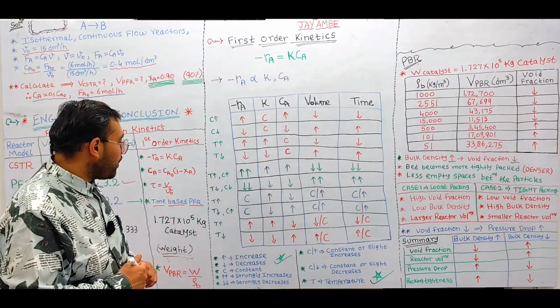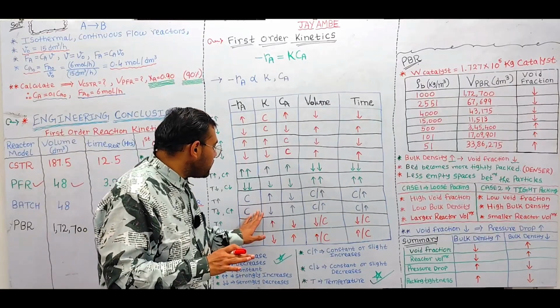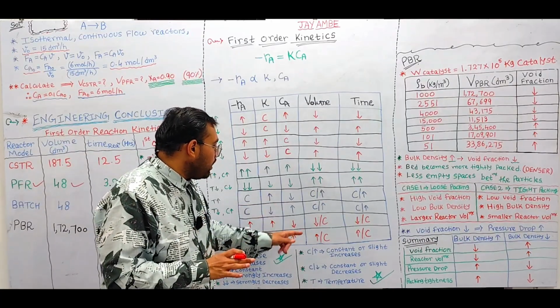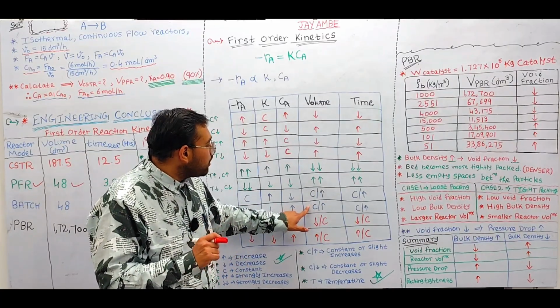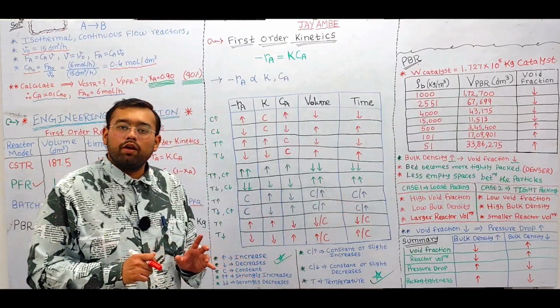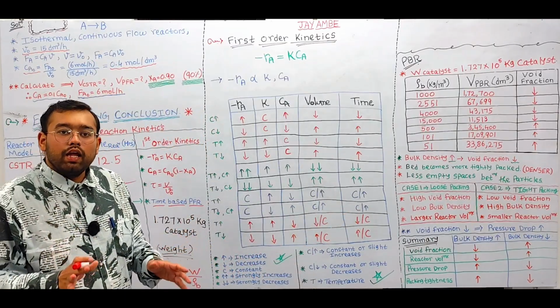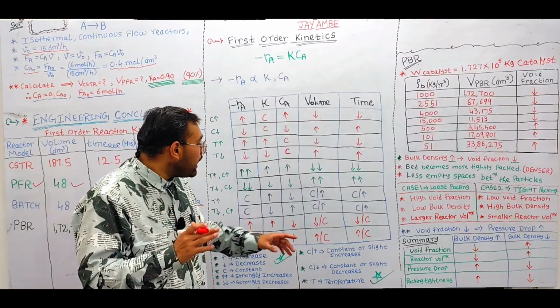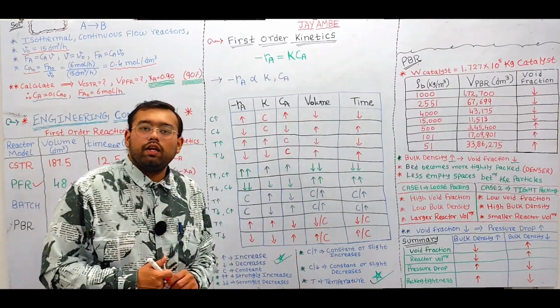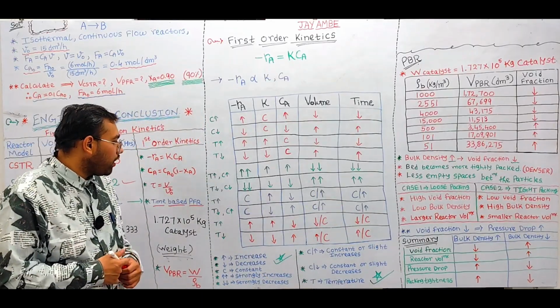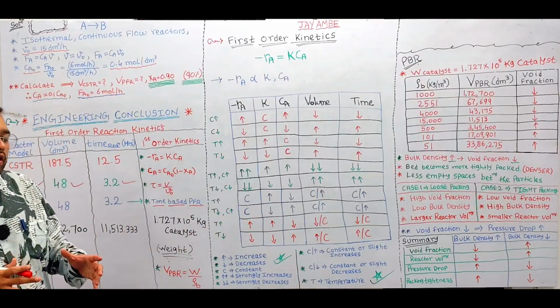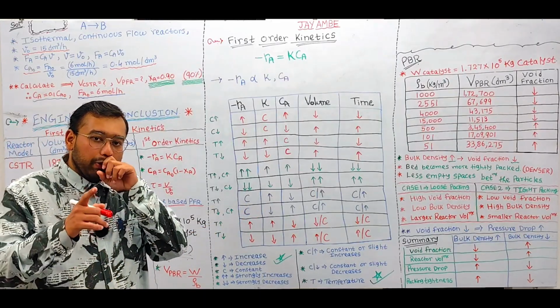So we will observe constant reactor volume and reaction time, or possibly a slight increase in the reactor volume and reaction time, since the reaction rate remains constant. I hope you understood.